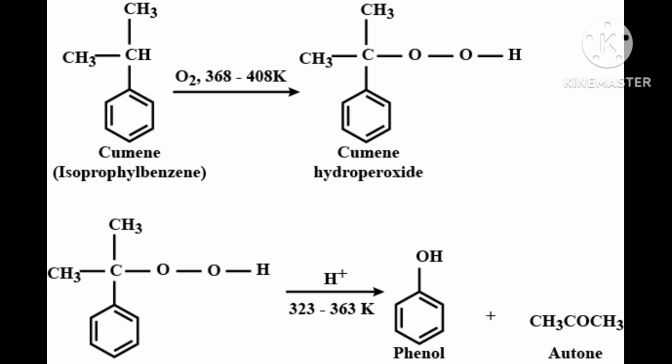Actually in NO2, if you see the structure, you will find that an N and O double bond is there with one oxygen, and with the other oxygen only a single bond. But in the resonating structure, where the double bond was there it will become a single bond, and where the single bond was there it will become a double bond.